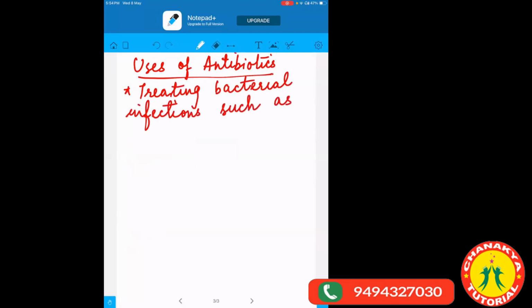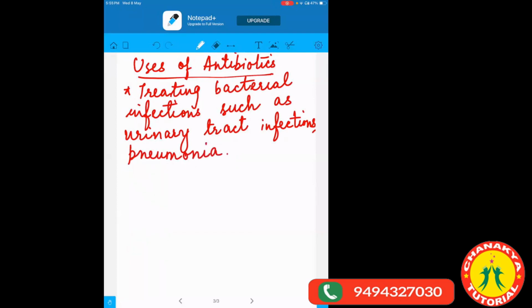And bacterial infections such as urinary tract infection. So a problem in the urinary tract will be cured by these antibiotics, or pneumonia, which children get frequently, that is also cured by these antibiotics.